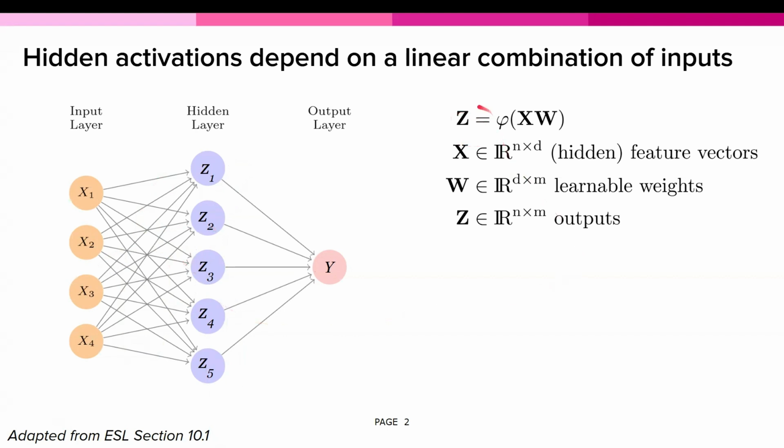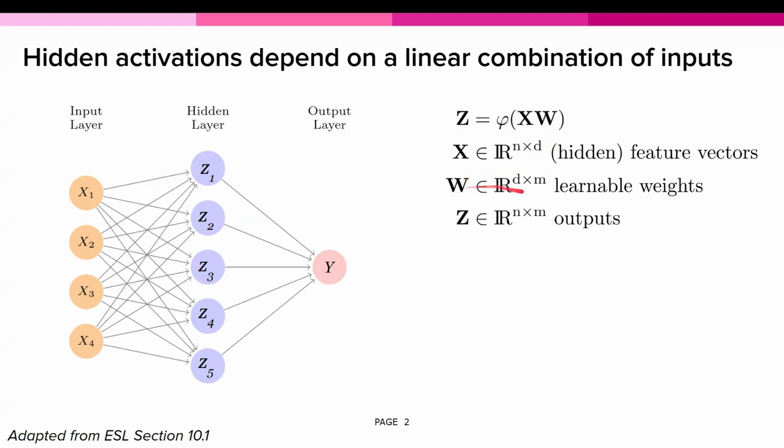So we take some vector of inputs, apply a projection matrix, take phi here to be our nonlinearity, and that gives us the activities in that hidden layer. The input might be a matrix of number of samples times the dimensionality.